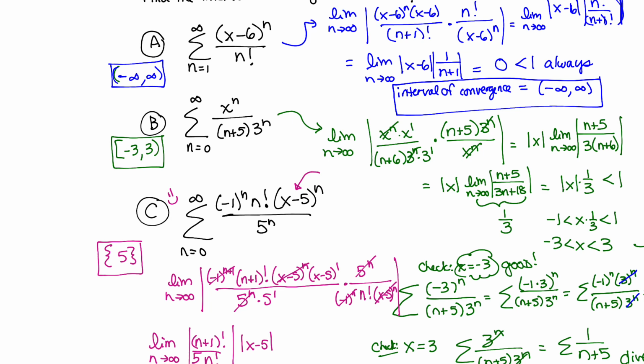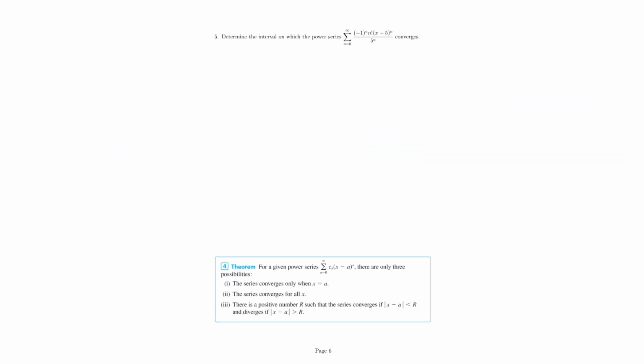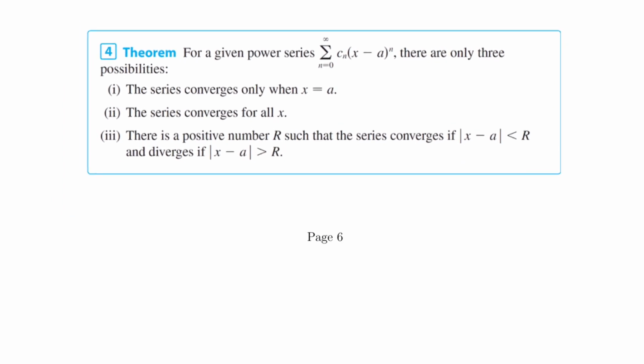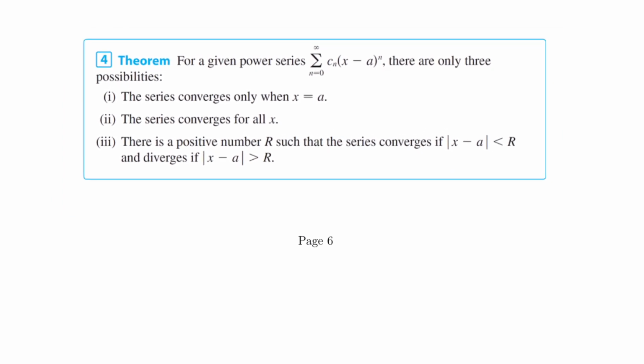So I just want to state a conclusion and summarize that when you have a power series, this particular power series is said to be centered at a. And anytime you have a power series, you have 3 possible intervals of convergence.